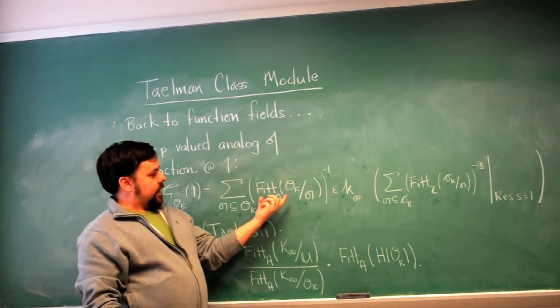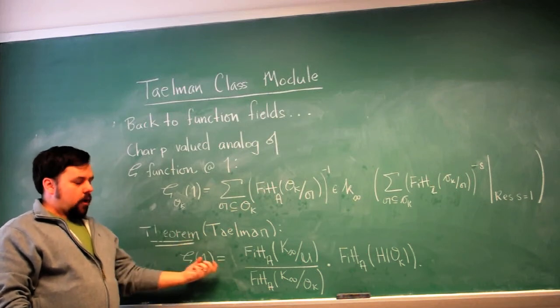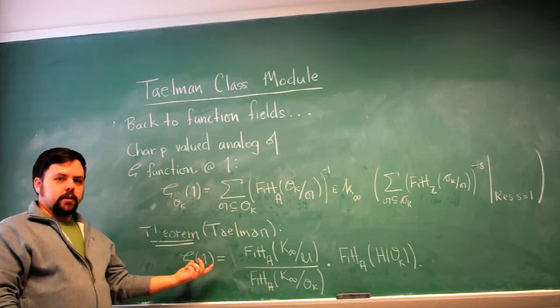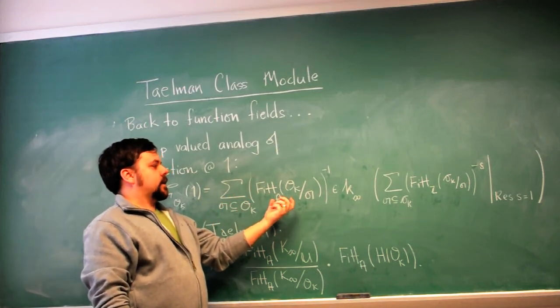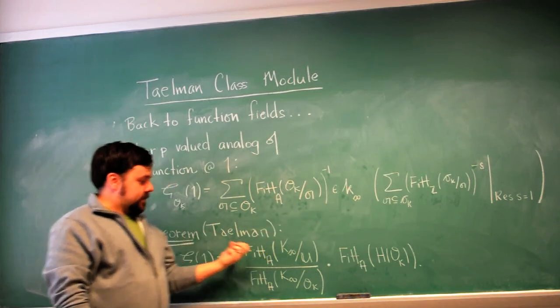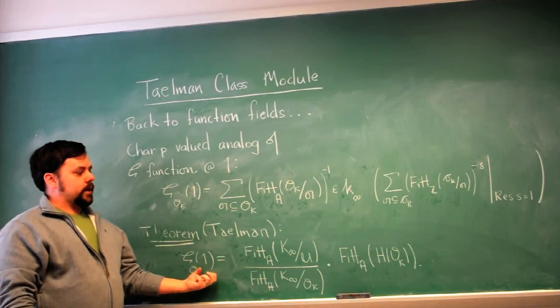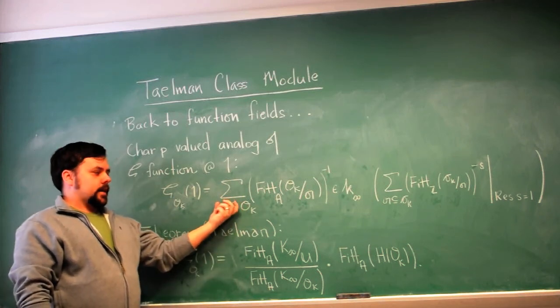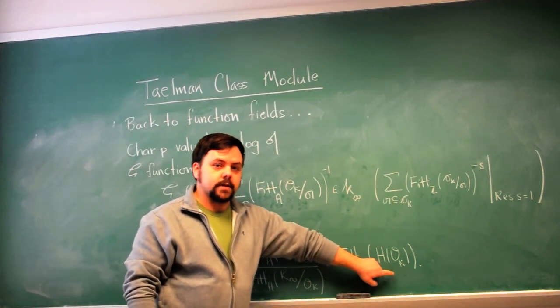It's amazing, though, that this seems to be saying something about the class module. You might suspect that it would say something about the naive class group in the function field setting. It's surprising, at least to me, that it actually seems to be encoding information not about the naive class group in the function field setting, but about this class module, right?